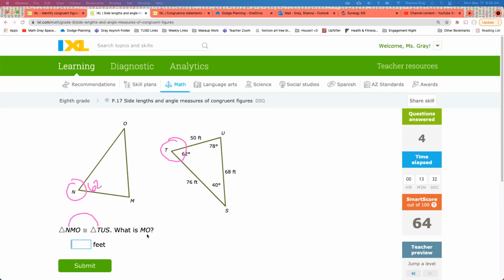If I'm trying to find MO, which is across from that 62, then I need to look at this triangle to see what is across from 62, which is 68. So the order these are written in is important. The first one here and the first one here match. The second one here and the second one here match. Third one here and the third one here match.